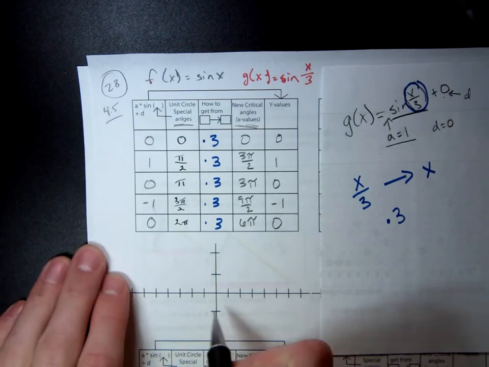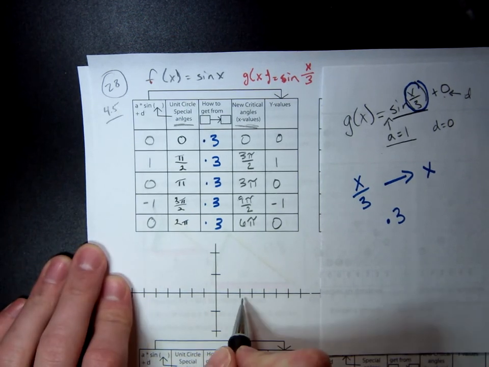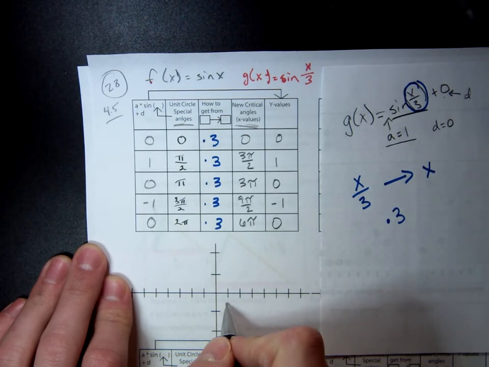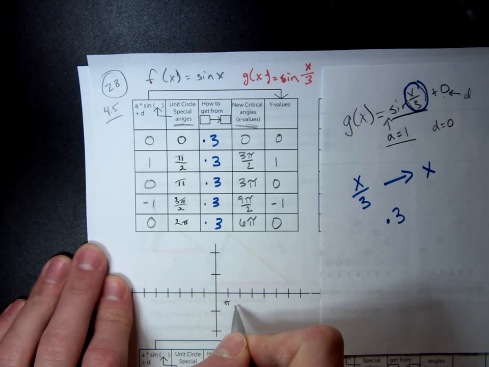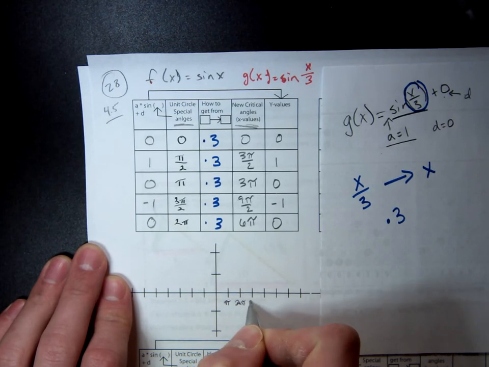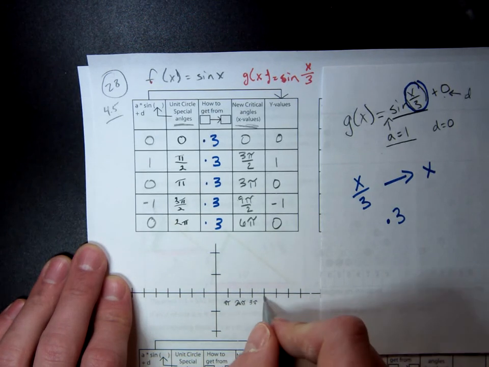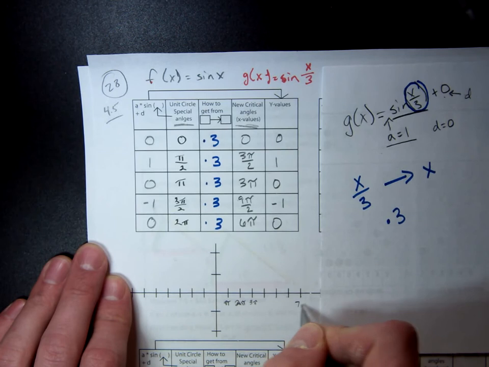So now looking at my graph here, I can see that I'm going to run out of room if I don't make each one of these about pi. So I'm going to go ahead and just do that. Make this pi, then this would be 2 pi, 3 pi, and so on and so forth, up to 4, 5, 6, 7 pi.